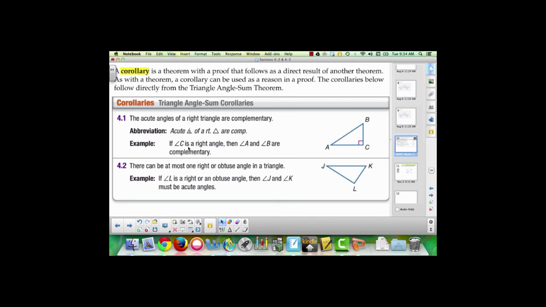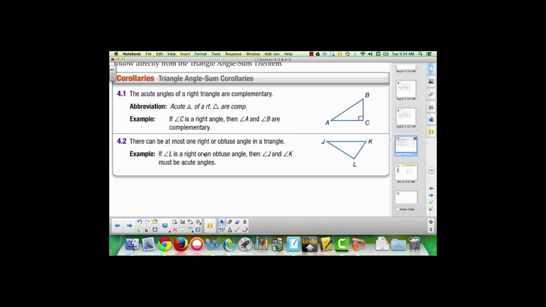This comes from the fact that the measures of the angles of a triangle add up to 180. If one angle is 90, the other two have to add up to 90 in order for all three to add up to 180. Two angles whose measures add up to 90 degrees are complementary.